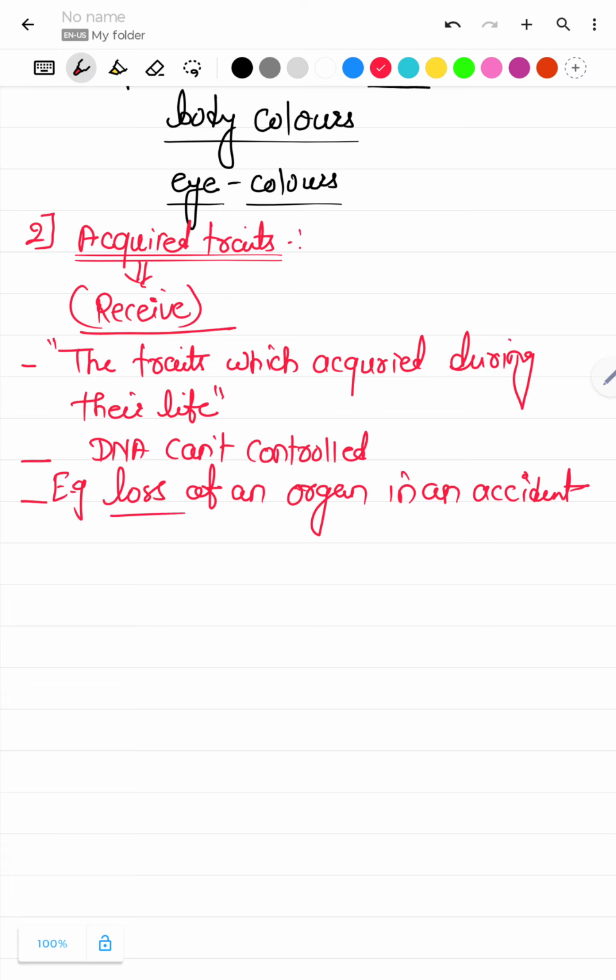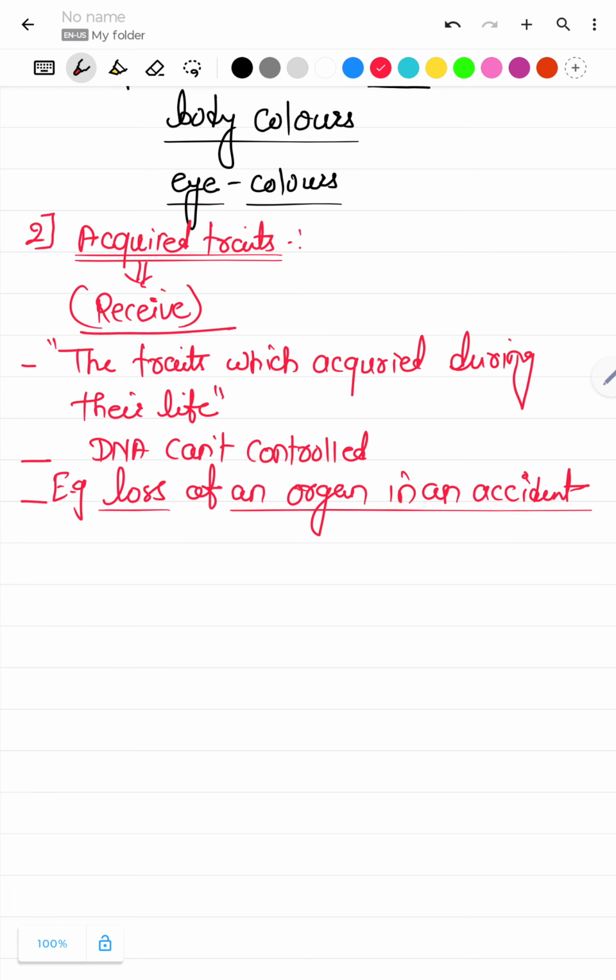This is one example of the acquired trait. Or you can also write that the individual is learning something, riding, singing, dancing, playing, learning any language, this is also an acquired trait.